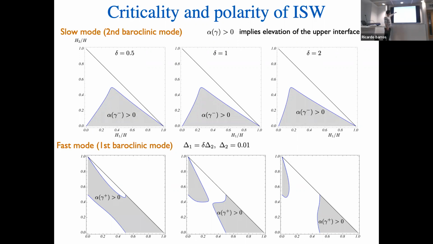And it means that, for example, if you are above this, which means the intermediate layer is thick enough, you can only expect waves of depression. This is what we take from these drawings. This is for the second baroclinic mode. This is for the first baroclinic mode, where the behavior is actually much more subtle. Here it's always the same picture. Basically, here there's some kind of bifurcation.